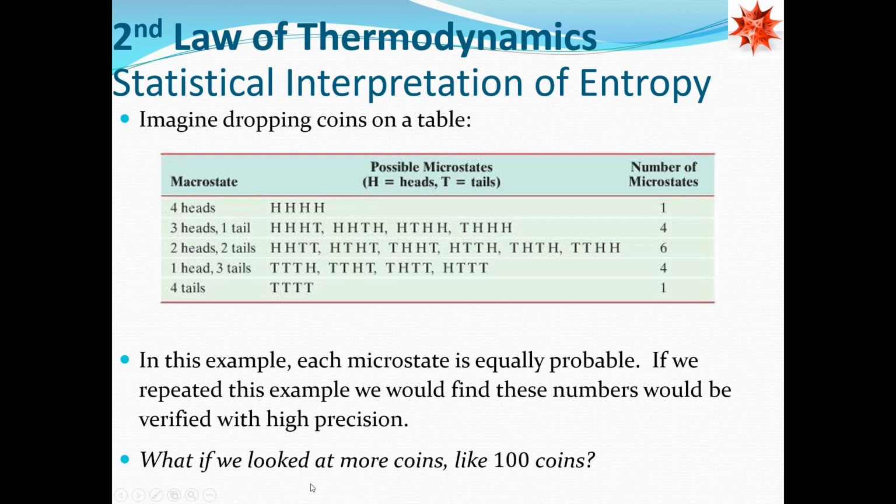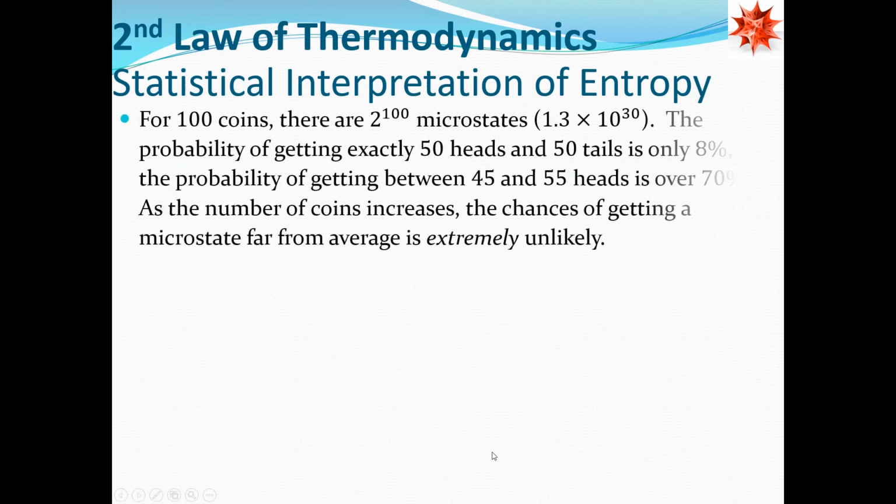Now, we'll look at a case with 100 coins to see how that builds. For the most part, for 100 coins, we can find the number of microstates available by taking 2, because there's only 2 choices, heads or tails, and raising it to the power of 100. And we end up getting this total number of microstates: 1.3 times 10 to the 30. It's an extremely high number.